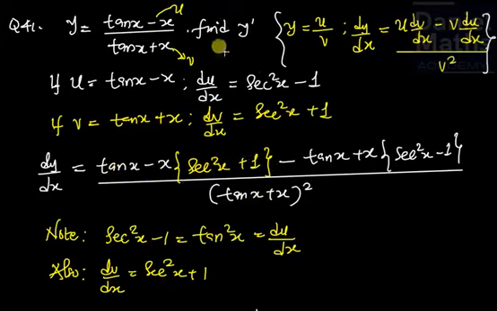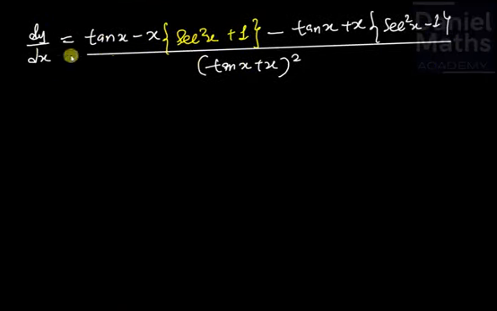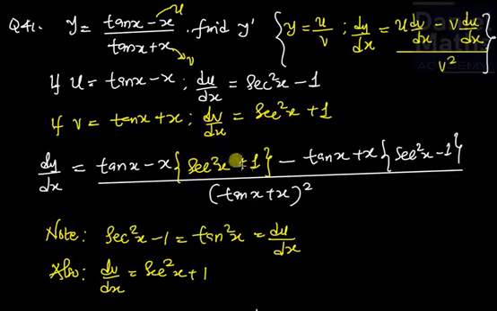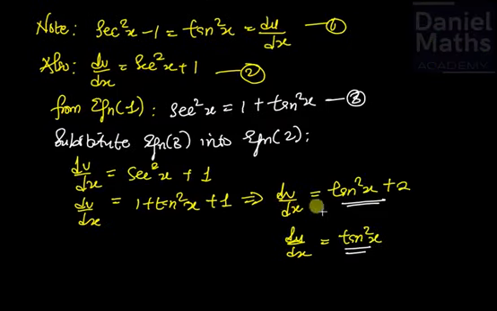So by doing that, this will give me dy over dx is equal to tan x minus x, and then don't forget that what I have here is my dv over dx, and my dv over dx is tan square x plus 2.